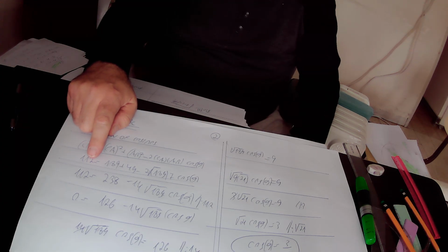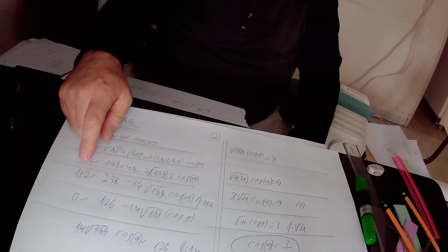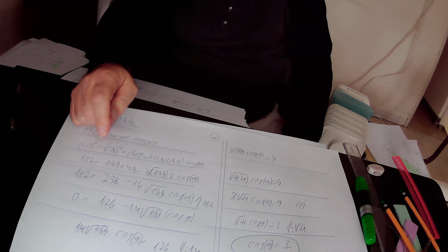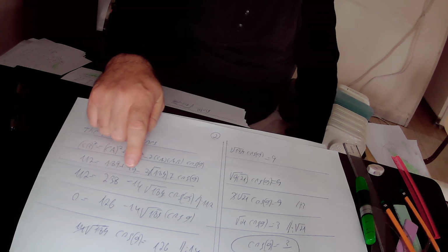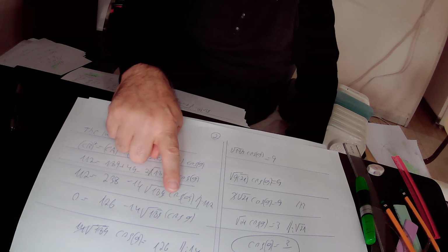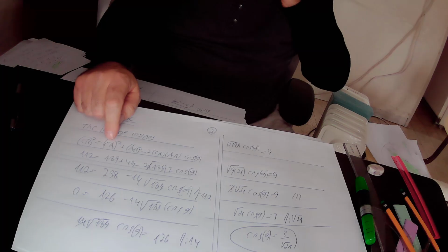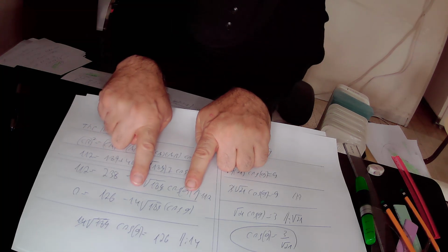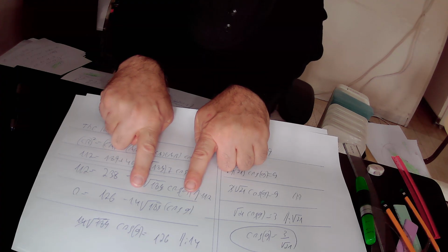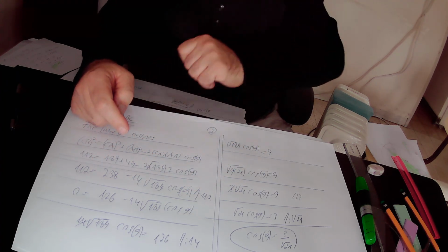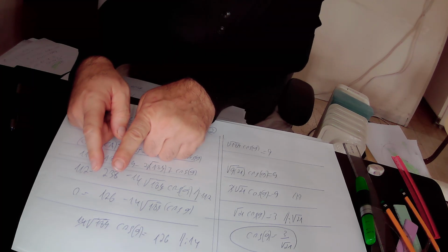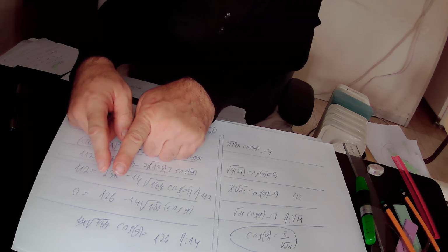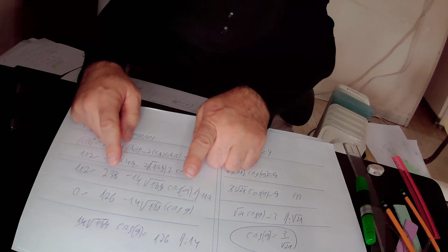On this side we are left with 0, while on the other side we have 238 minus 112, which is 126, minus 14 times square root of 189 times cosine alpha. Here we added 14 times square root of 189 times cosine alpha to the equation, that is, we moved this expression to the other side. In total, 14 times square root of 189 times cosine alpha equals 126.